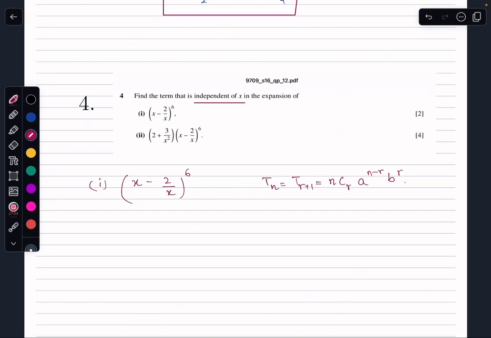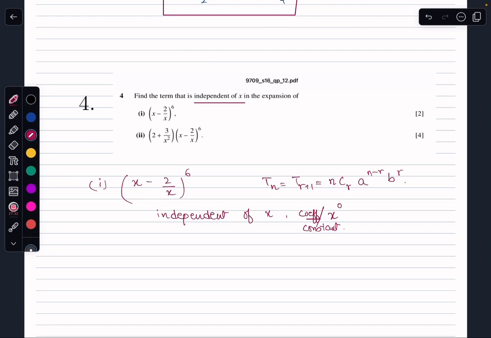Another thing to note here is that independent of x means that it is a constant. If I say that this is independent of x, then it's the term which is a constant having a coefficient here, so that x is having the power which is 0. It's the coefficient or a constant which has x to the power 0 here.